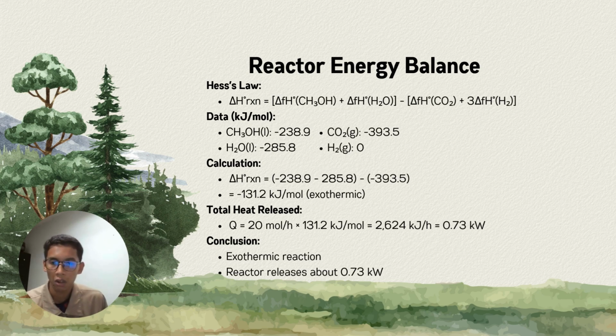I'm using Hess's law. I substitute the enthalpy of formation values from NIST. The heat of reaction is negative 131.2 kilojoules per mole. The negative sign shows it's exothermic, meaning the reactor releases about 0.73 kilowatts of heat that must be removed by cooling water or a heat exchanger.